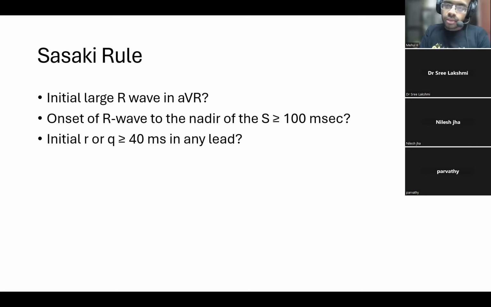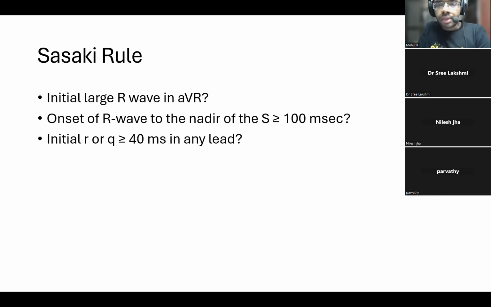So generally I prefer the idiot-proof approach to broad complex tachycardia, which is basically to assume that it is VT until proven otherwise. But if you really want to learn how to differentiate SVT from VT on the ECG, with bundle branch block, these are the three most useful things I feel.